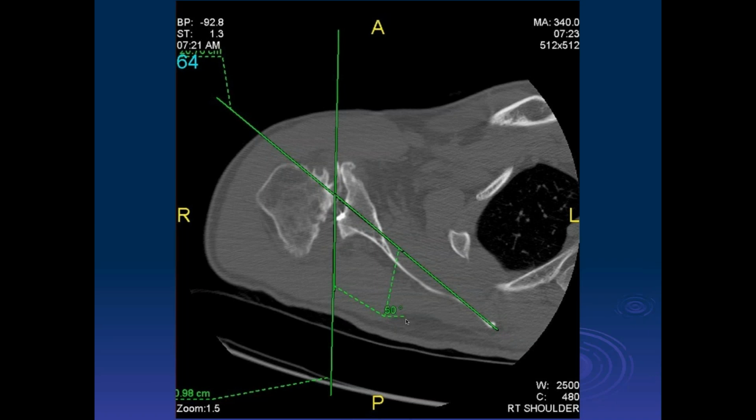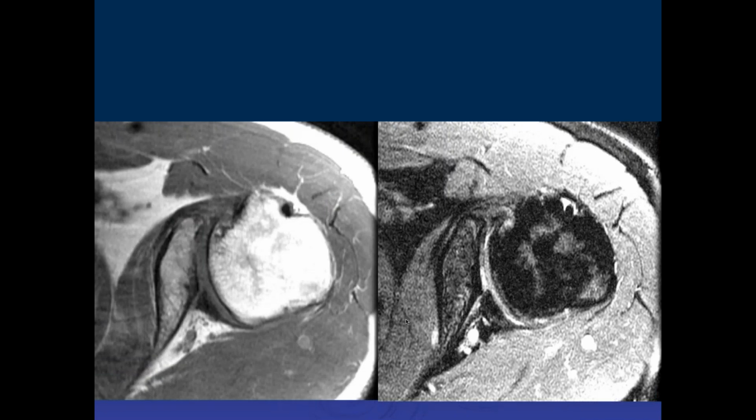Okay. So Sam, what do you think of this next case? I think there's been surgery here. No, no surgery. Well, there appears to be a really sharp line through the glenoid. It's abnormally shaped.